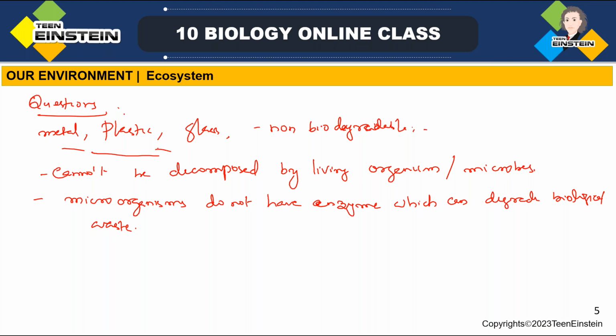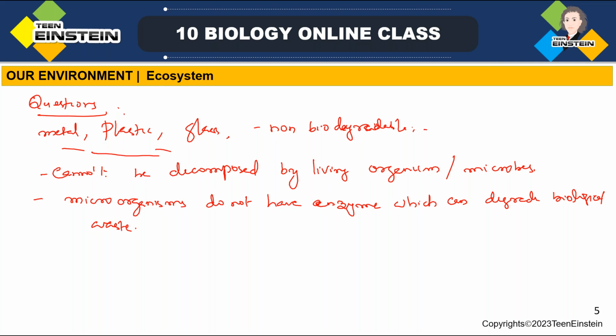That's why they are called non-biodegradable. If you throw a glass piece, it will be there for years, right? Plastic also will be there, metal piece also will be there. On metal you can see rust, but it is not a degradable one, right? So that's how we are classifying. That's the reason. There is no biological process to degrade such materials.